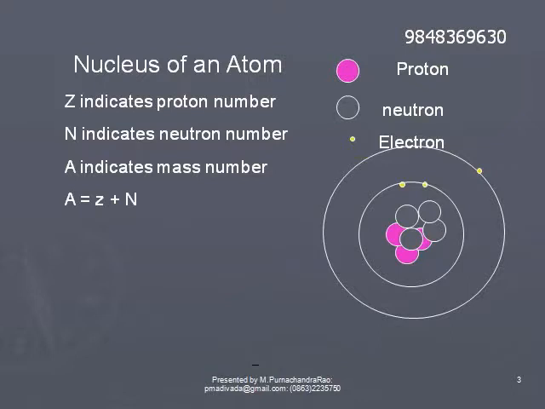If X is an element, Z the atomic number, A the mass number, we generally write the symbol as X with Z as left subscript and A as left superscript, or Z and A on the left. This is the symbol for the nucleus or sometimes for the atom. X represents the element, Z represents atomic number, A represents mass number.